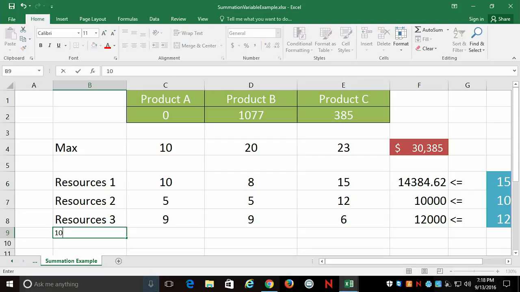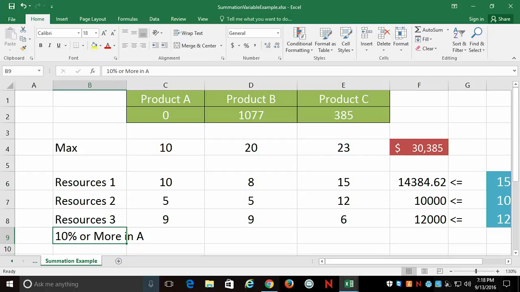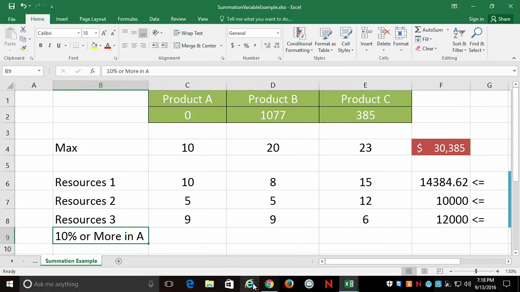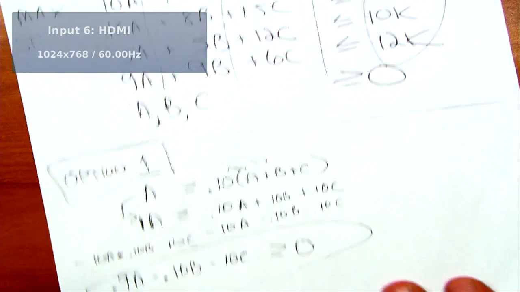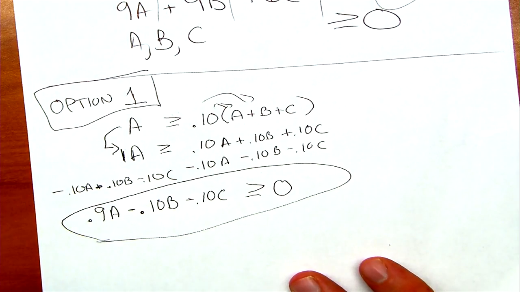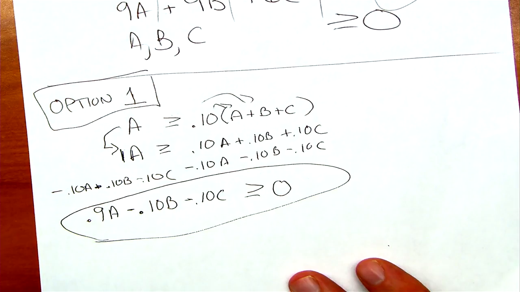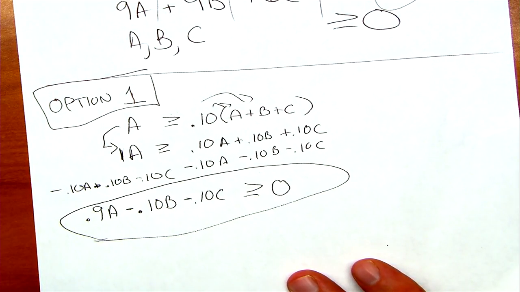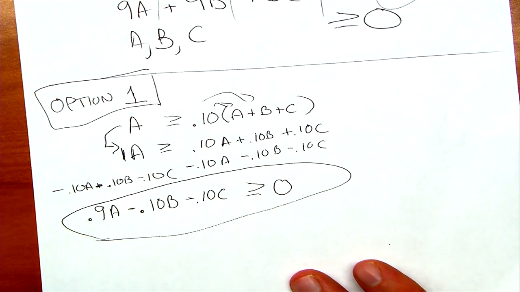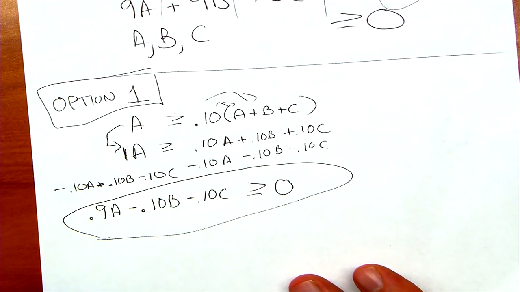So let's do 10% or more in A. And if you recall, option 1, if we focus on those coefficients, it was 0.9, negative 0.1, negative 0.1, and we're saying greater than or equal to 0.